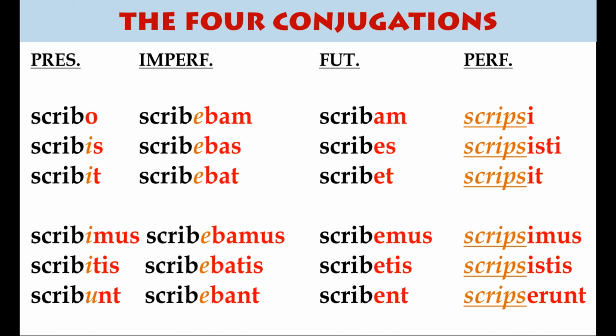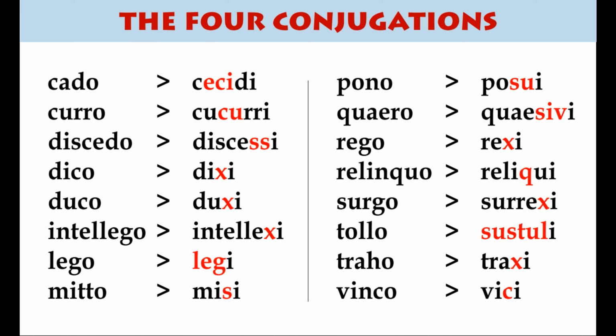But as I say, the root or the stem that they're stuck onto can be a little unpredictable. So scribo goes to scripsi. But here's a list of other ones that you can see that you probably recognize. Duco goes to duxi, dico goes to dixi, lego just stays as legi.